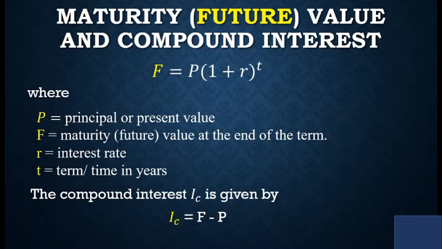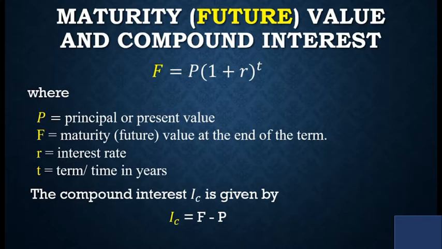So this is the formula of compound interest or the future value. F equals P, the principal, times the quantity 1 plus R to the power of T. Where P is the principal or the present value.